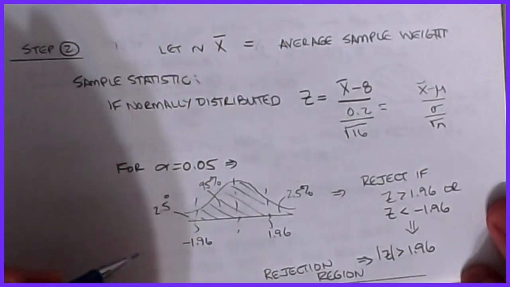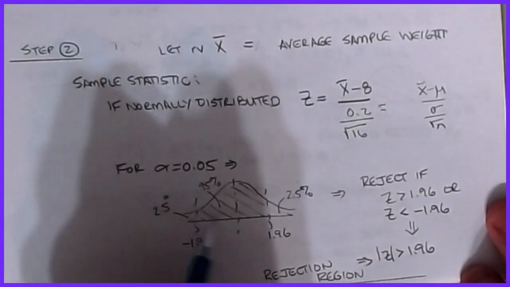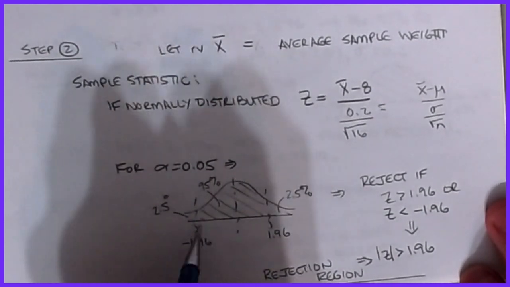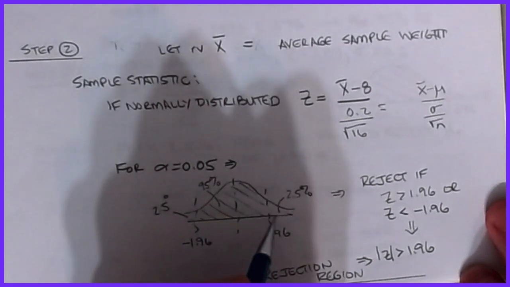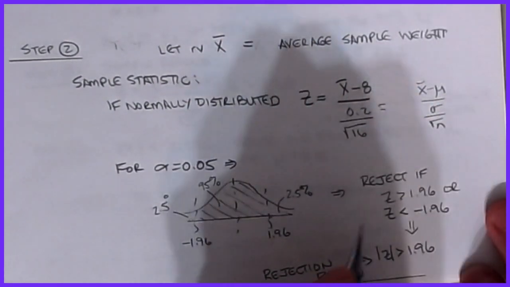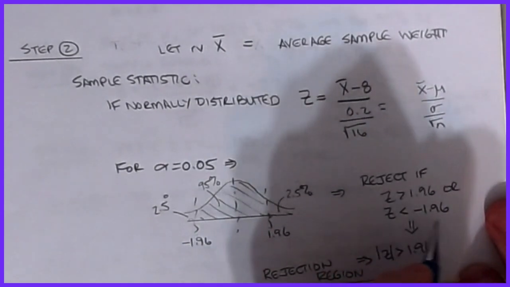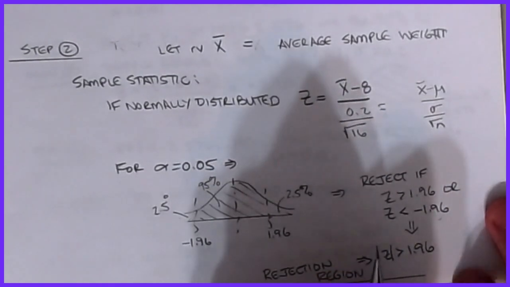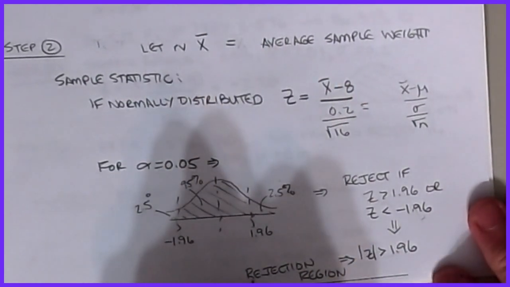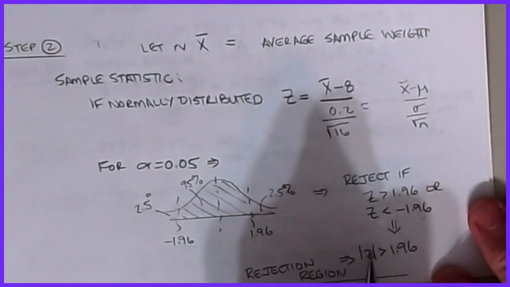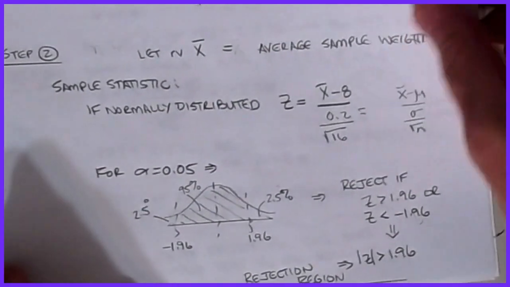So we're going to reject our hypothesis if the statistic for our sample doesn't fall within that range. So we reject it if it's outside. The first zone is z greater than positive 1.96, or z less than minus 1.96. Because this is symmetric, I can take advantage of absolute value. So we define our rejection region, which is required for step 2, to be the absolute value of z greater than 1.96.